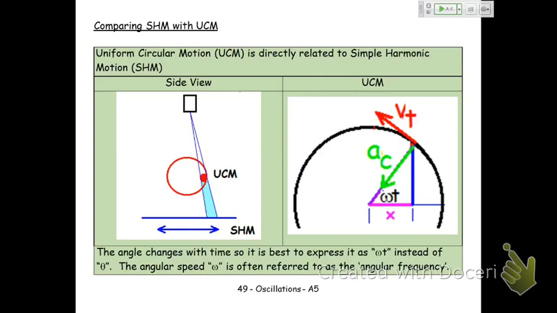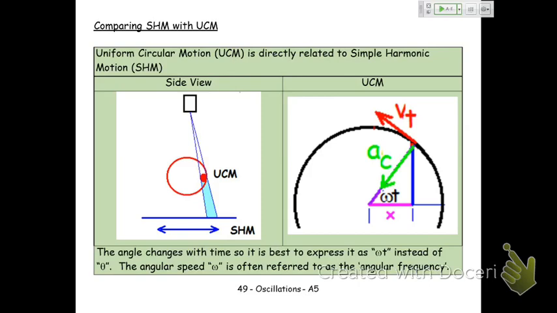It turns out that if I draw a circle and I imagine a point moving at a uniform rate around that circle, then my x component, so here's time t, here's t0 and here's t1, and then here's t2 and so on.